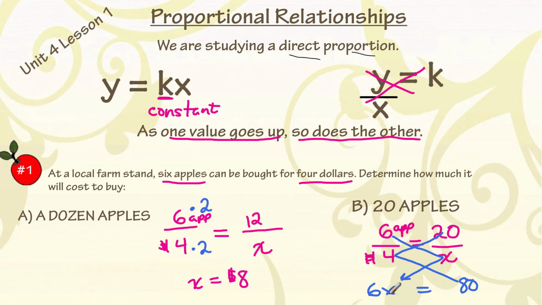And then basically I'm dividing by 6 to figure out, well, how much is x right there? Let's see, 80 divided by 6 is 13.33 repeating, but since I'm dealing with money, it's $13.33.